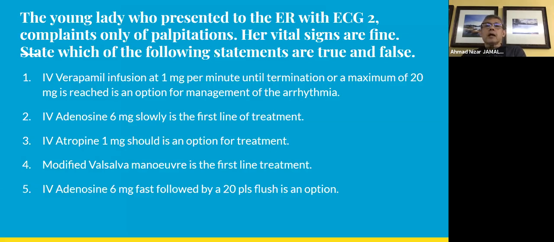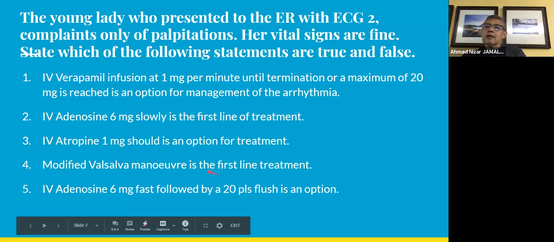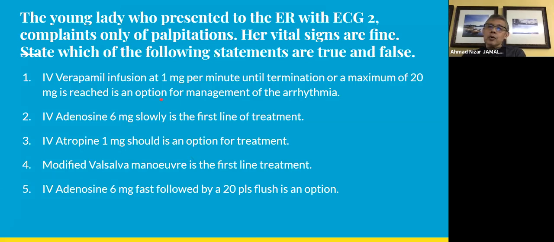IV verapamil infusion at 1 milligram per minute until termination, or a maximum of 20 milligrams is reached, is an option of management for the arrhythmia. Answer is true. That probably is the preferred way of giving IV verapamil rather than a slow bolus injection, because there is an increased risk that you might cause the blood pressure to fall, or you might get persistent AV block.